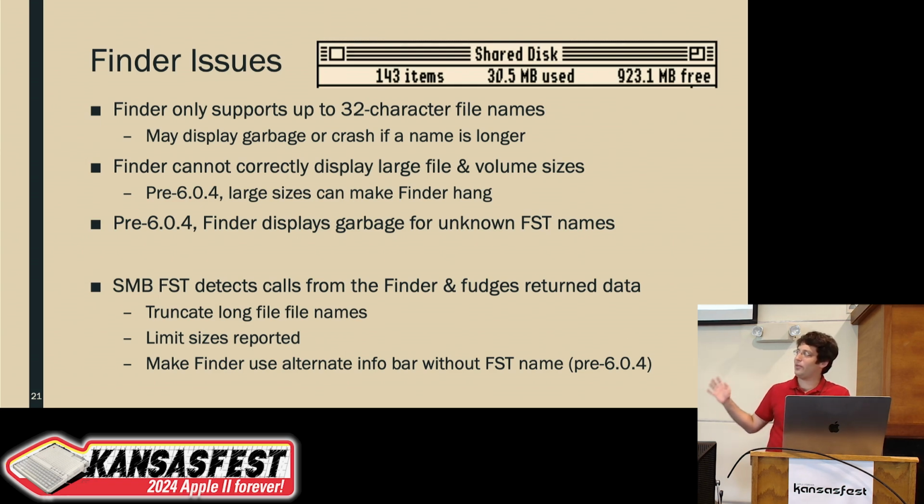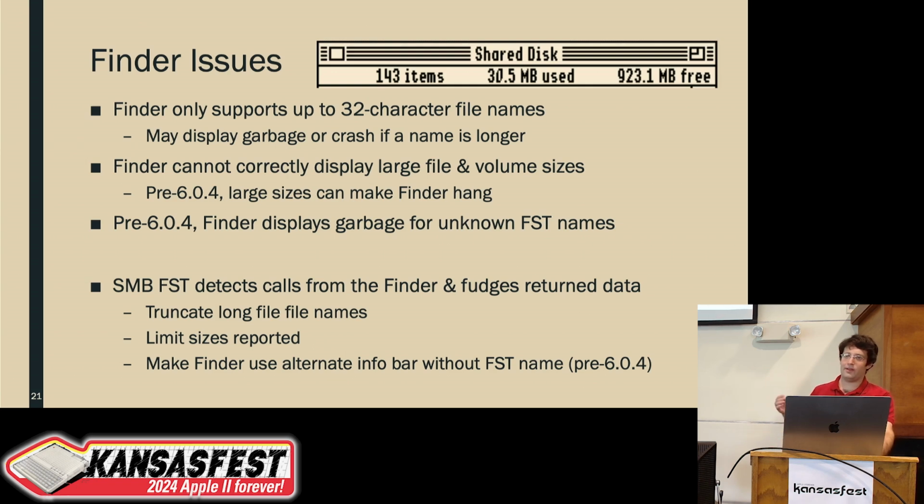There are some issues, though, that come with compatibility concerns. And one of the big ones is the Finder. Obviously, the Finder is your core application for managing files on the GS, so you want to support it. But it has some assumptions that are true for all the file systems that GS/OS natively supports, but not necessarily for SMB.